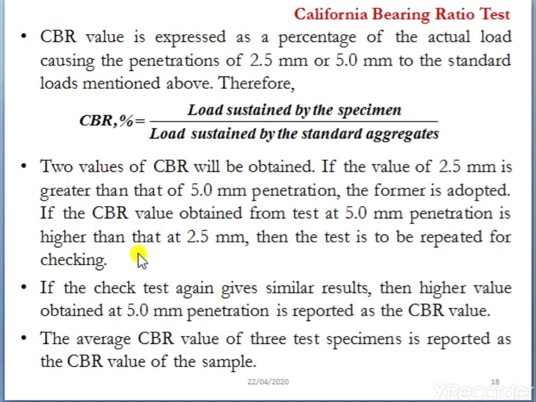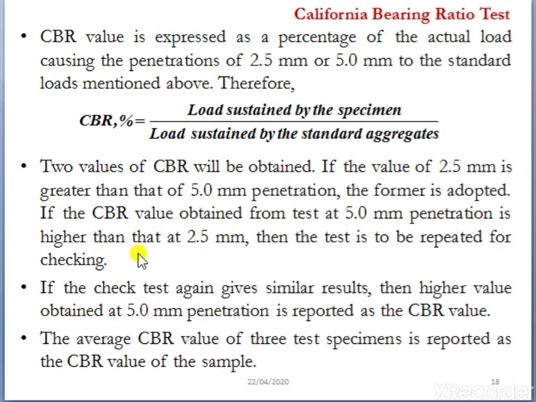If the check test again gives a similar result, then the higher value obtained at 5 mm penetration is reported as the CBR value. So when we cross check the value for 5 mm penetration and again get the same value, then the CBR value is reported for 5 mm penetration and that will be the CBR value for designing of pavement thickness.